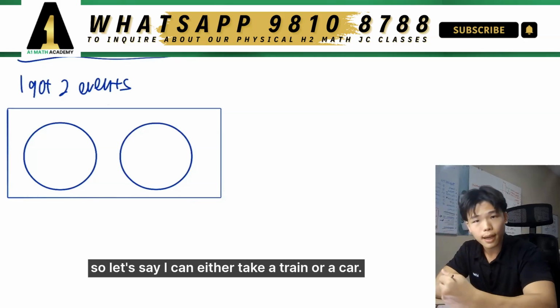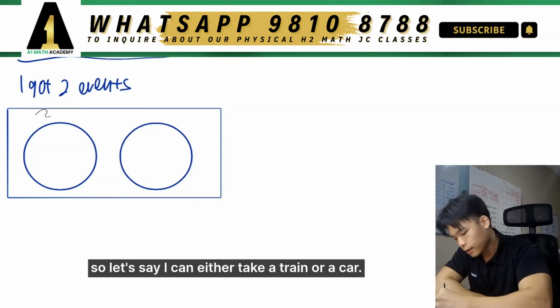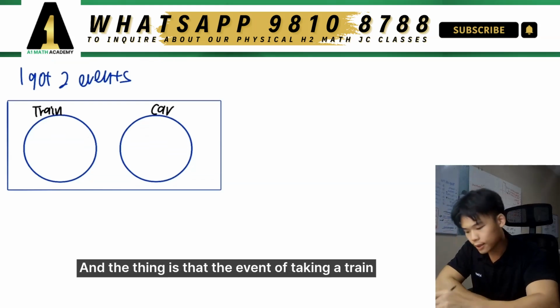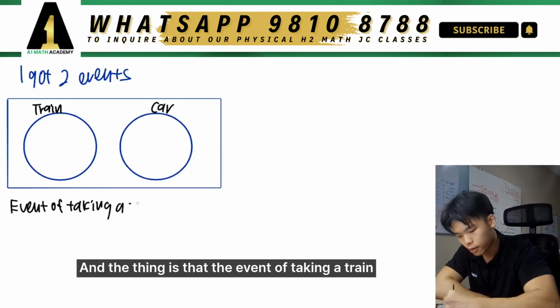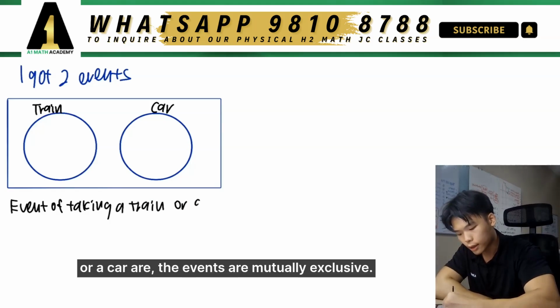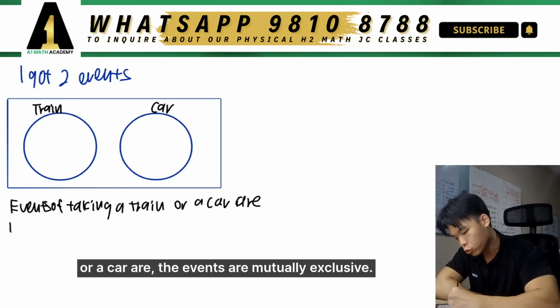So let's say I can either take a train or a car. The events of taking a train or a car are mutually exclusive.